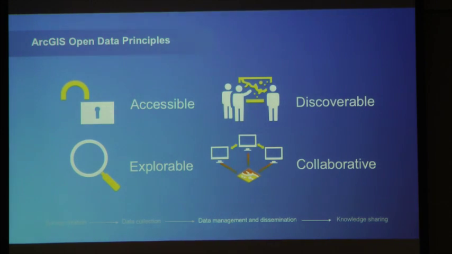Because there's so much data out there, we don't even know exactly what is available, and there could be something really cool that we don't know where to look for. And then explorable. So you have your data set. It's really interesting to pour into that data set and pull out certain attributes, if you're only interested in mobility features, accessible curves from that one data set, or if you're only interested in a certain geographic location.